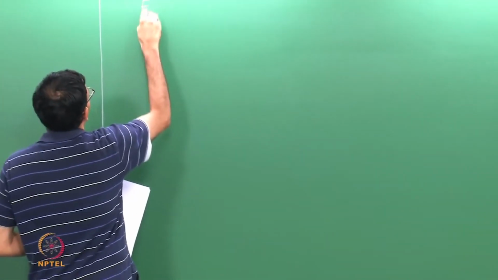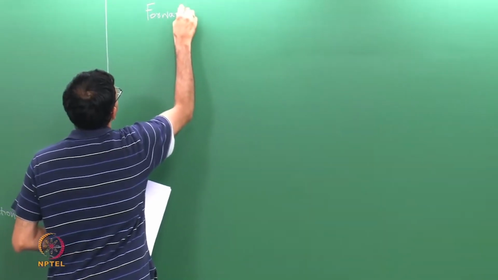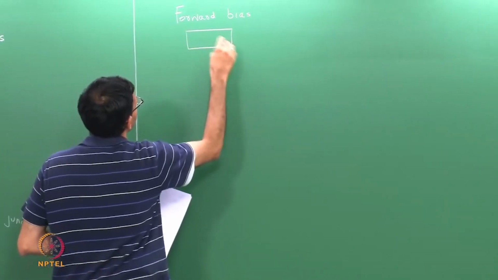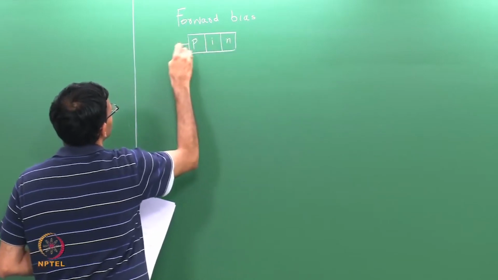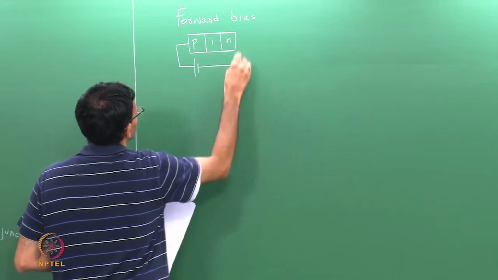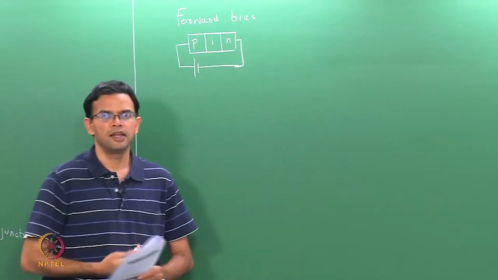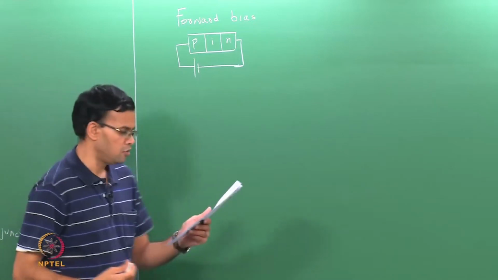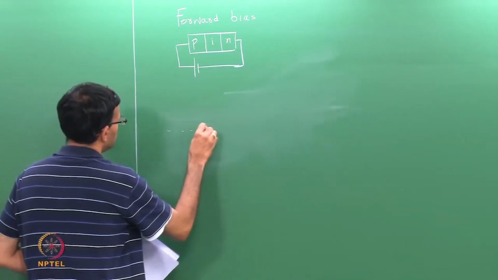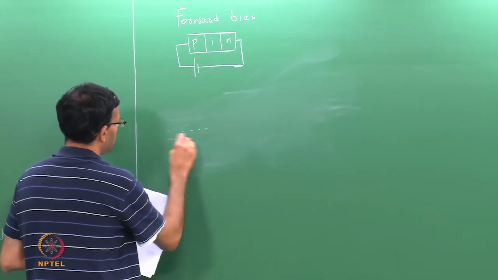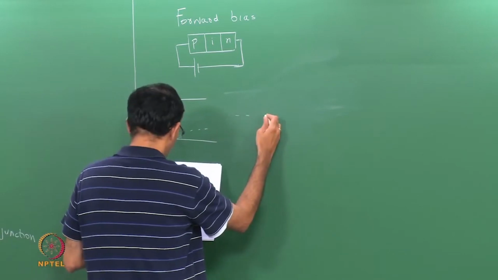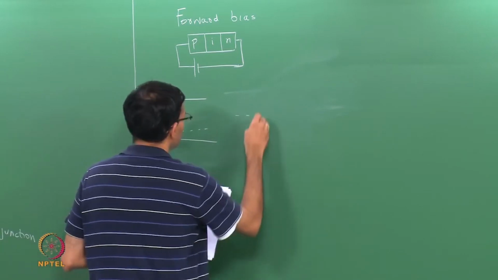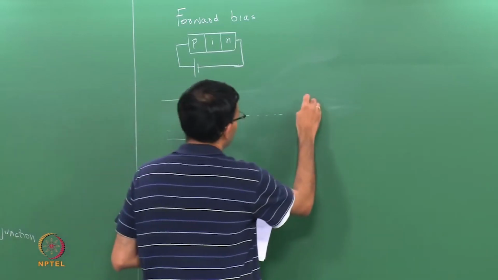So, in the case of a forward bias, P is connected to positive and N is connected to negative. So, on this side I have a P type semiconductor. At the center I have an intrinsic, and here I have an N type.